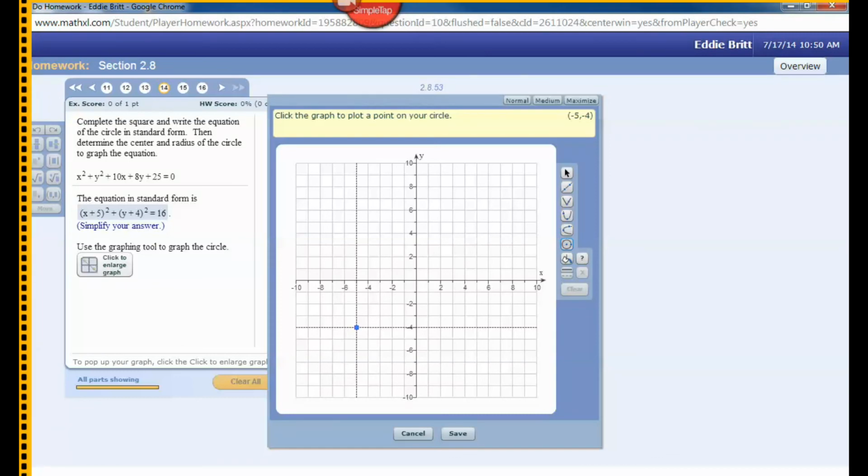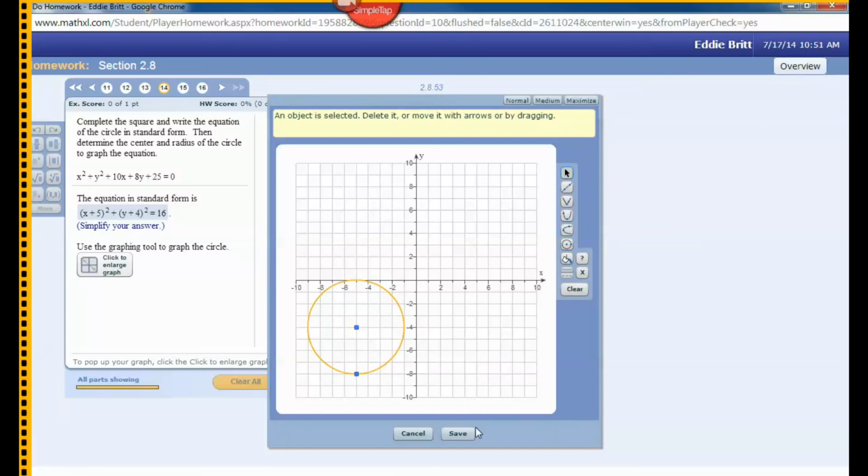Now what's the radius? The square root of 16 is 4. So we want to go out 4. So now just drag the cursor. However many you move out, it will move out that many. So we just want to go out 4 since our radius is 4. 1, 2, 3, 4.